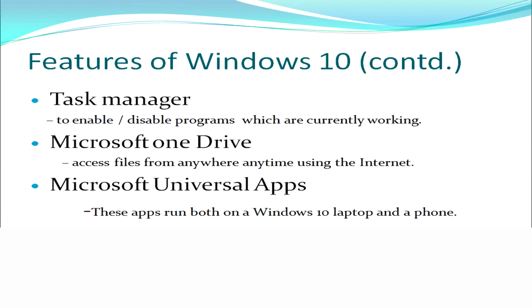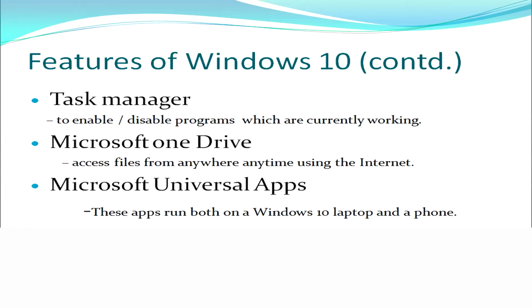Windows 10 also offers easy backup and wireless networking facility. It has a very user-friendly File Explorer. We will be learning about this File Explorer in detail. It is used to create and manage files and folders. Windows 10 is much more secure as compared to previous versions launched by Microsoft. It has a Task Manager which enables and disables programs which are currently working.